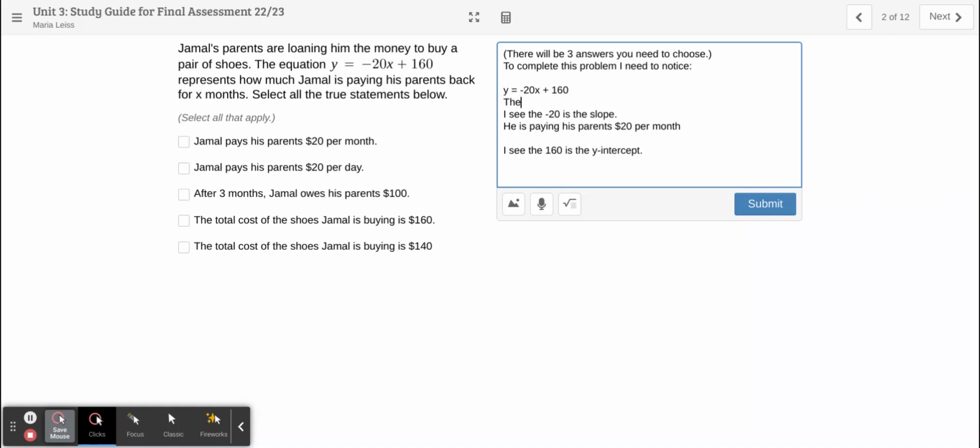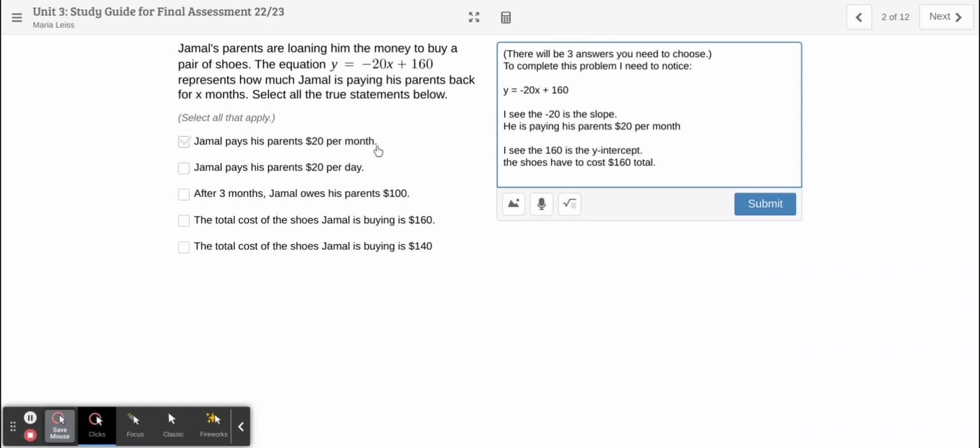So that means his shoes have to cost $160 total, because that's how much he needs to be paying back. That's his starting value. Now, just seeing these two things, I can come over and find already the three answers I need. They're going to try to trick us.